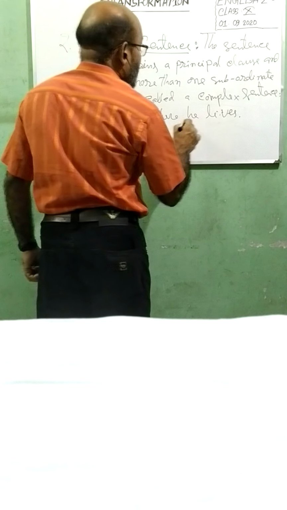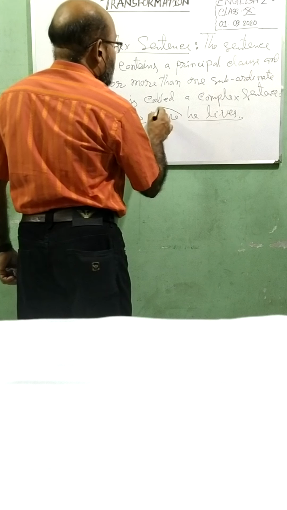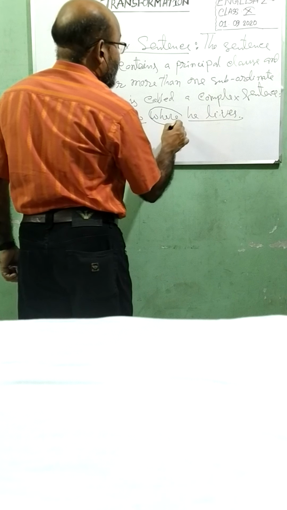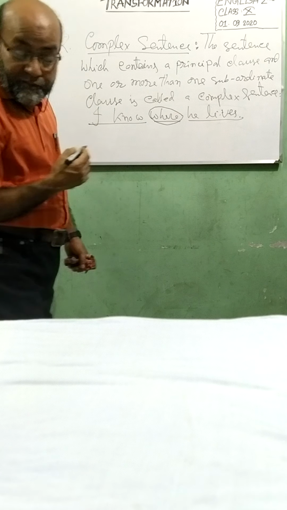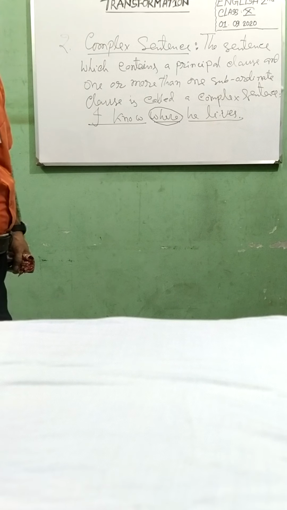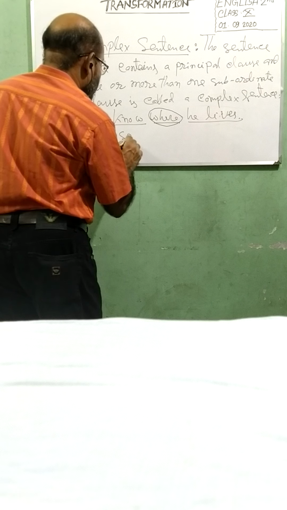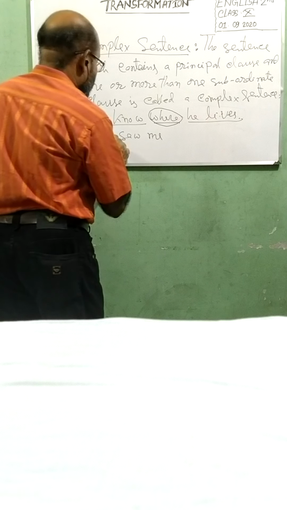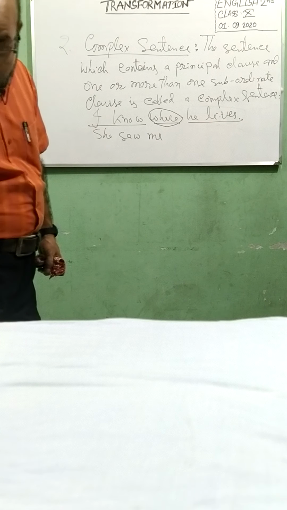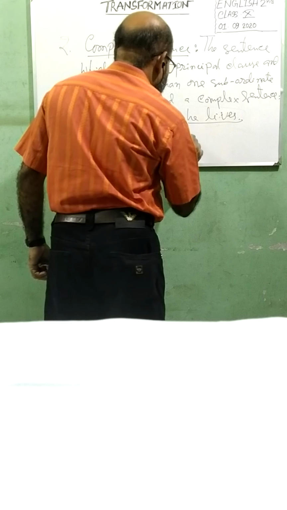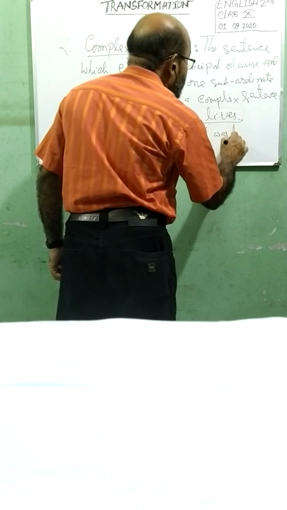I know, principal clause; he lives, subordinate clause. These two clauses are connected with where. So it is a complex sentence. Another example: She saw me when I was teaching.